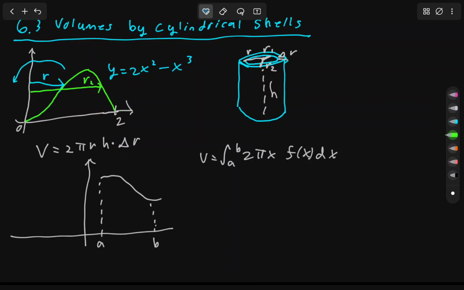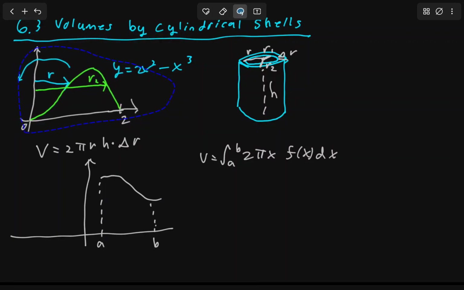So let's introduce a new idea. What if, instead of dividing up into small cylinders, we take a cylinder with a chunk missing out of the middle, and we use these cylinders to evaluate the volume?